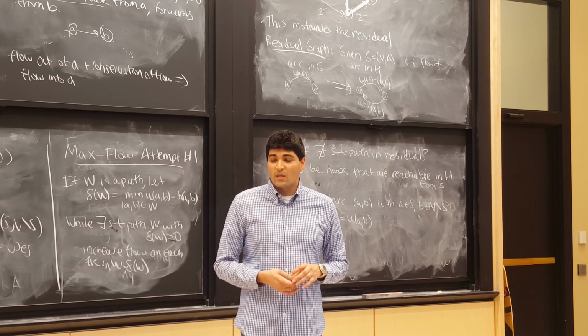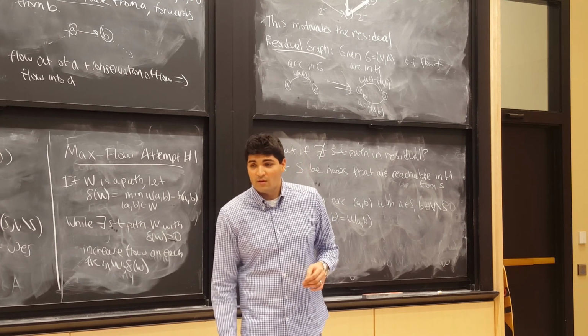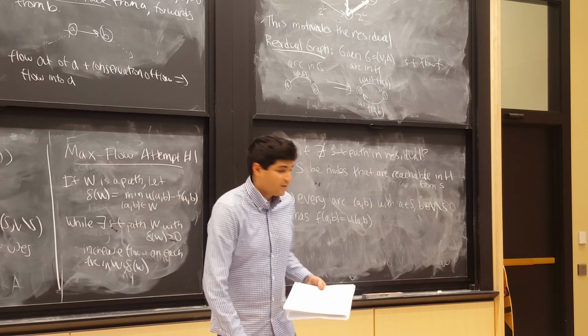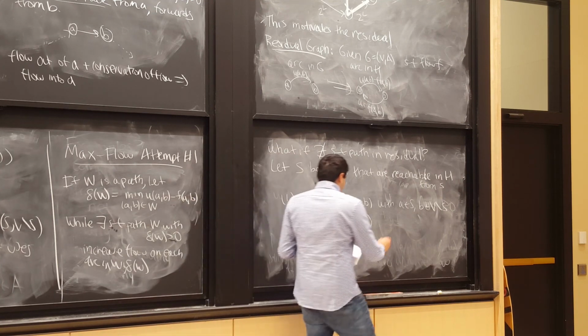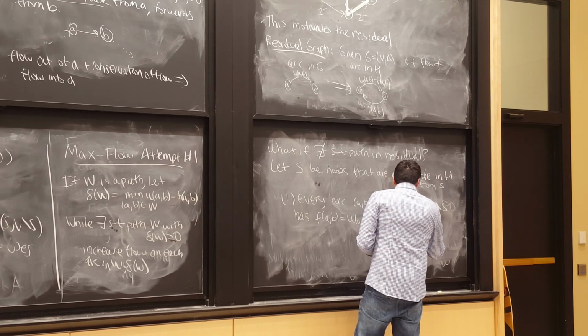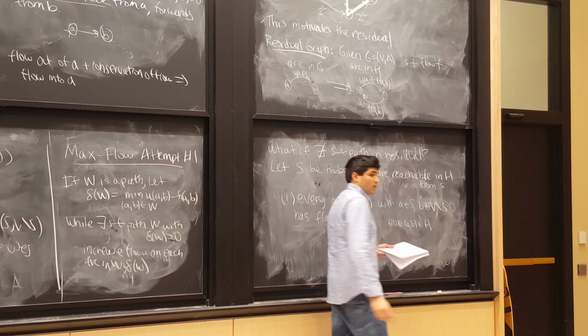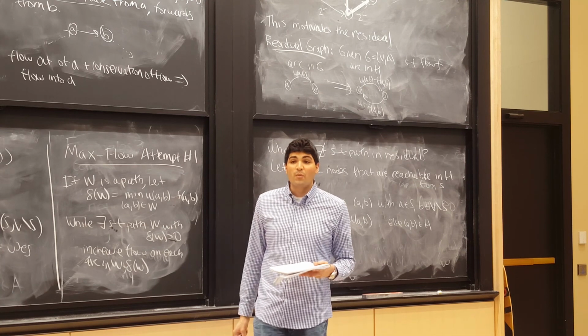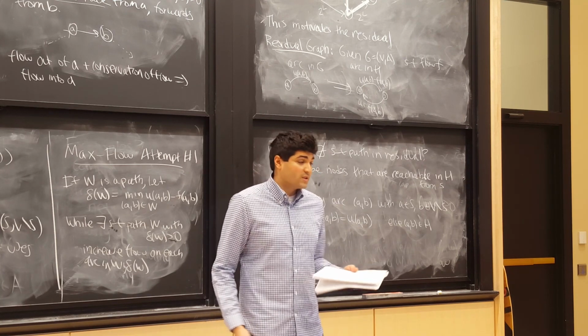Yep? The only way for there not to be an edge from A to B in H is if it's saturated. Exactly, right? And the reason for this is just else AB would be in this residual graph because there would be something left to push along it. So it would be in the residual.